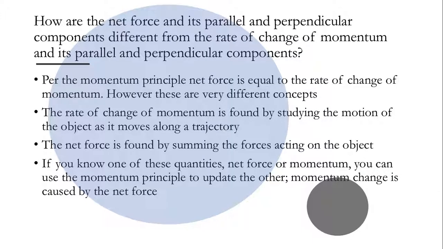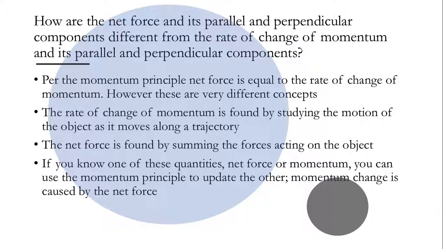One of the questions we were asked is how net force and its parallel and perpendicular components are different from the rate of change of momentum in its parallel and perpendicular components. Per the momentum principle, net force is equal to the rate of change of momentum. They will have the same value in the same direction.